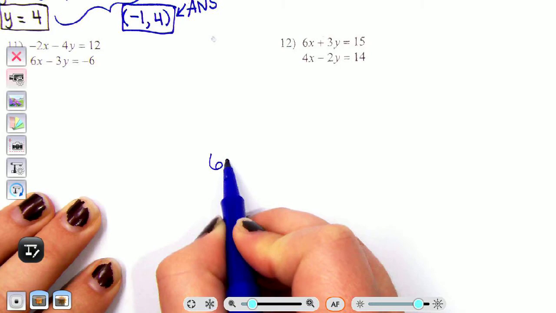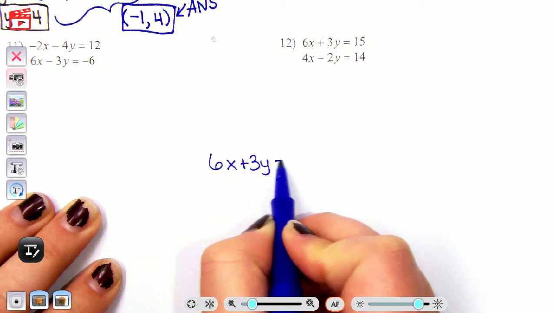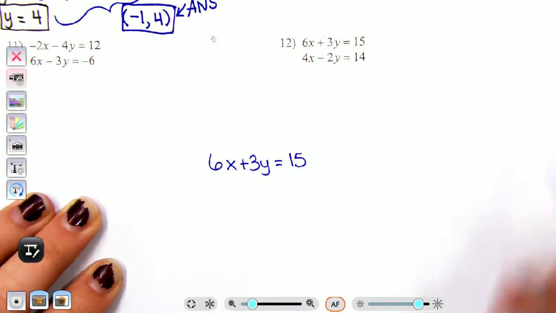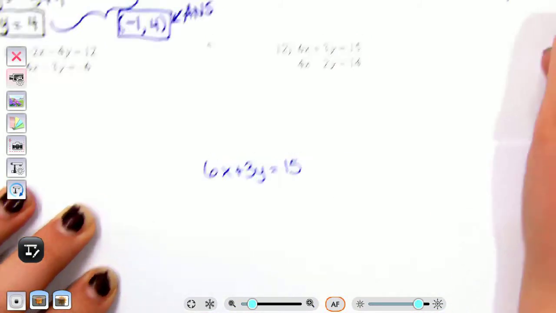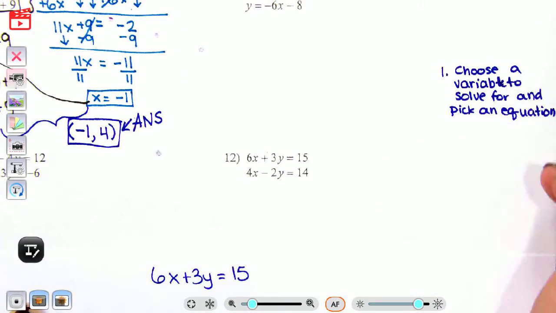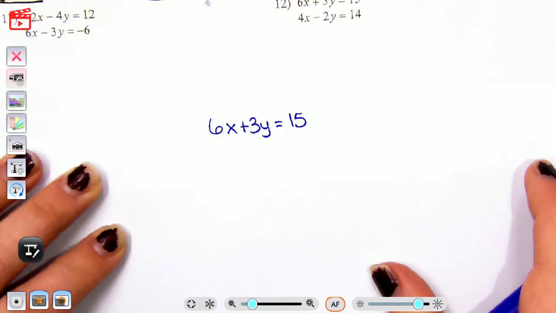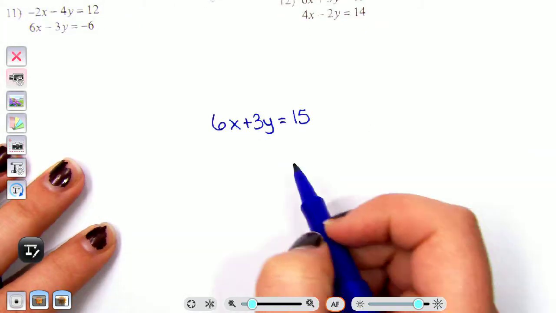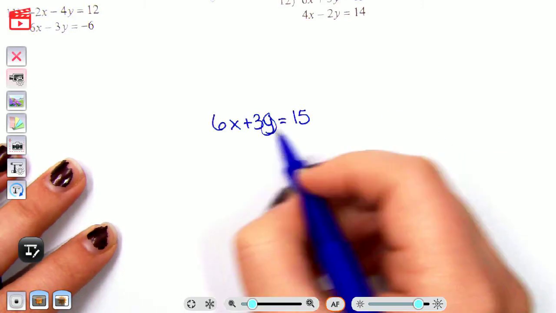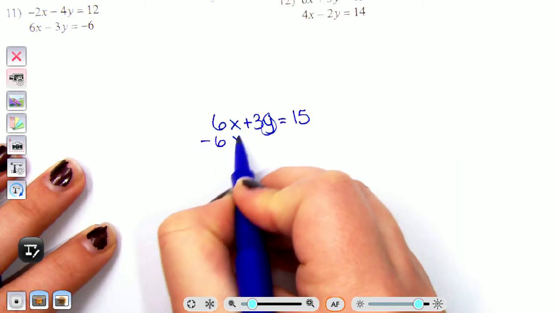So 6x plus 3y is equal to 15. I'm going to choose a variable that I want to, I think I misspelled this. I just noticed it. Variable. Choose a variable you want to solve for. I want to solve for y. So I'm going to get y by itself by subtracting 6x from both sides.